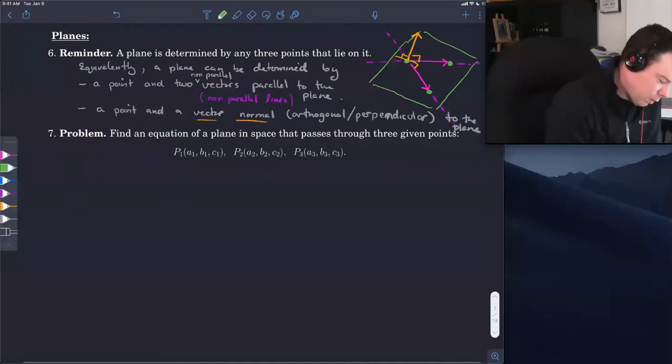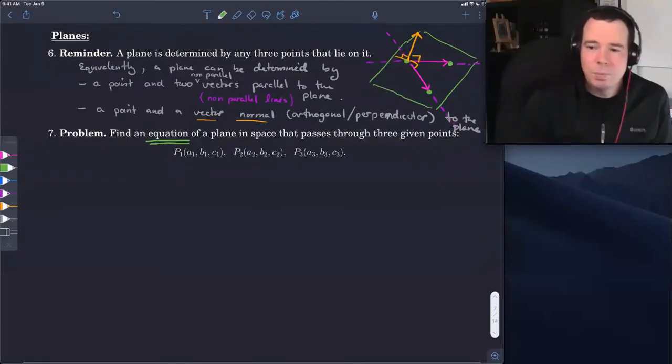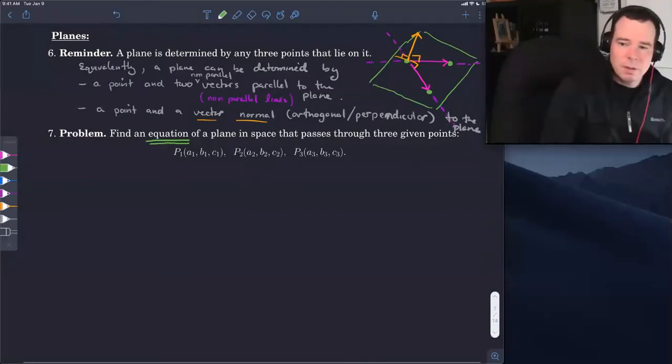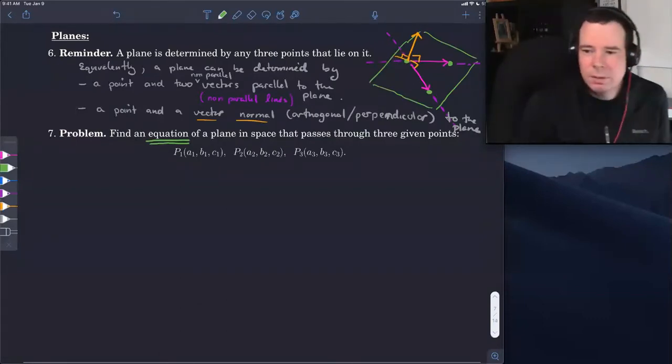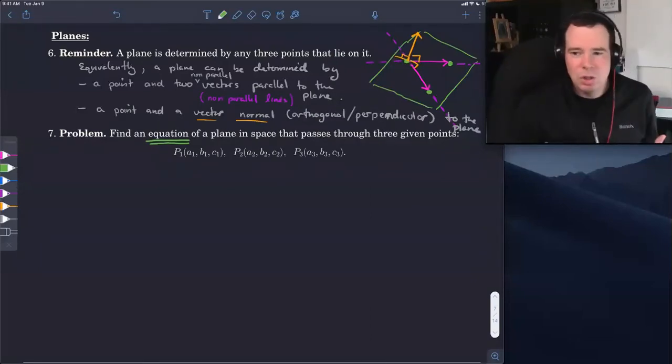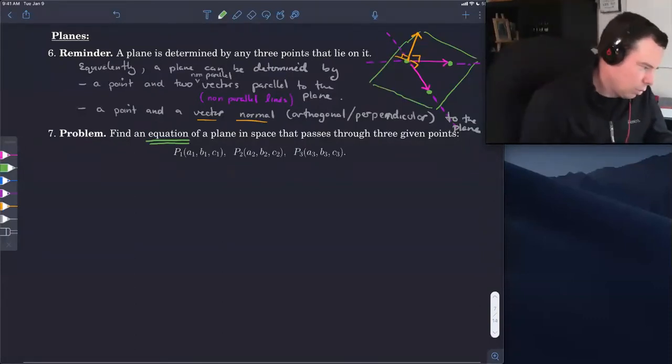An equation is an expression which gives us conditions on points to lie on this plane, or conditions on the position vector of a point to lie on this plane. So we want to come up with some condition that captures completely the set of all points that live on this plane. So how are we going to do that?